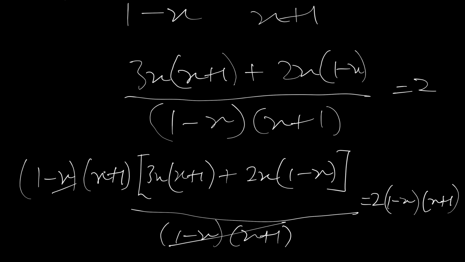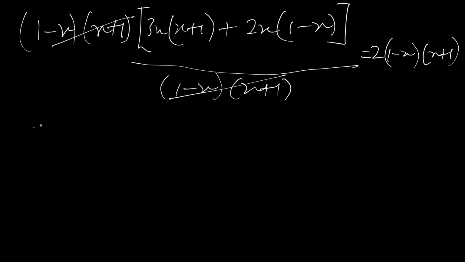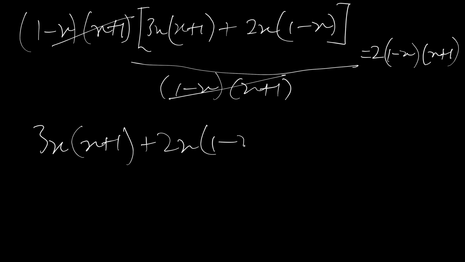Now this cancels this. We have 3x multiplying x plus 1 plus 2x multiplying 1 minus x is equal to 2 multiplying 1 minus x, x plus 1.